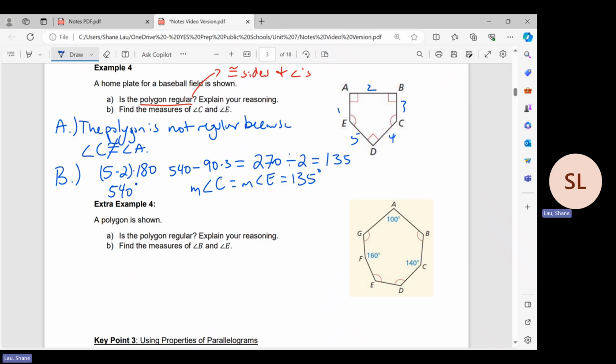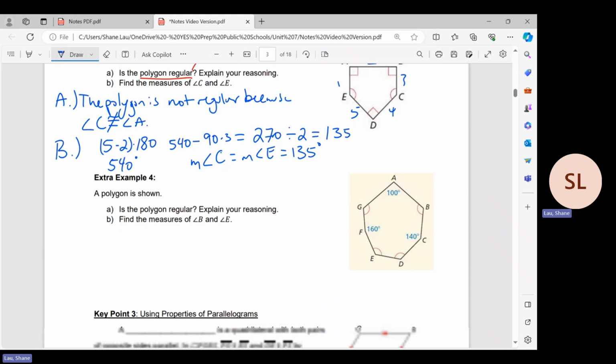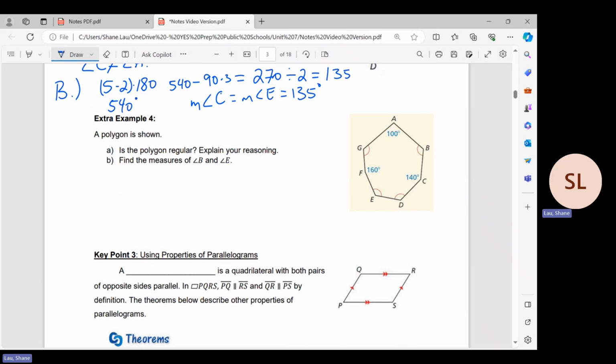Pretty simple. I don't believe you have an extra example 4, but it's very much the same. You can see very clearly that a lot of these angles are not the same, so it's not regular, for the exact same reasoning as above. And then you'll find your angle measures by doing the exact same process.